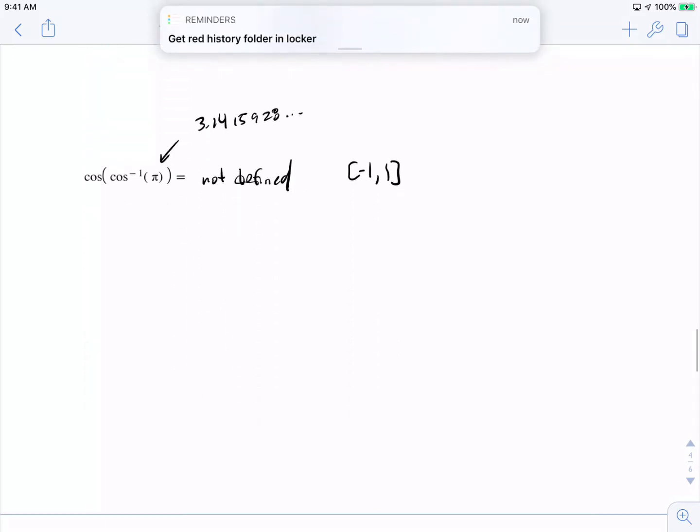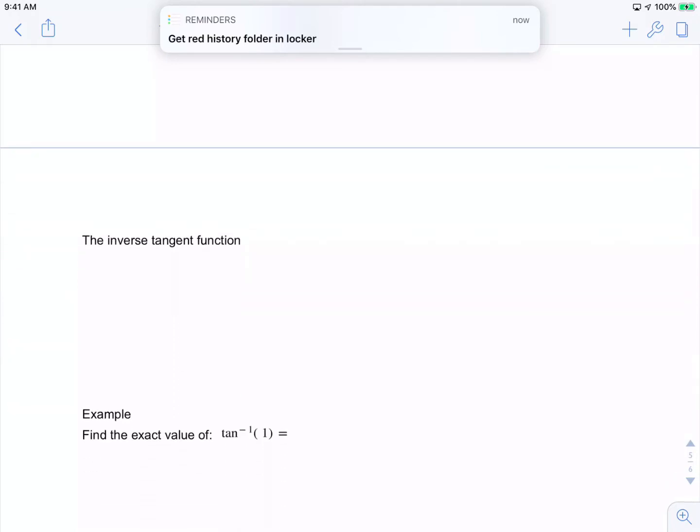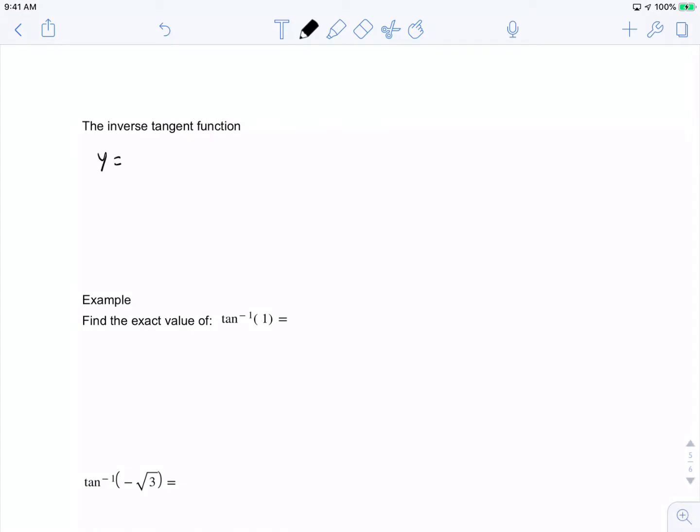All right. The next thing that we're going to talk about is the tangent function and how to address it. The tangent inverse is y equal to tan inverse of x, which means x is equal to tan of y.